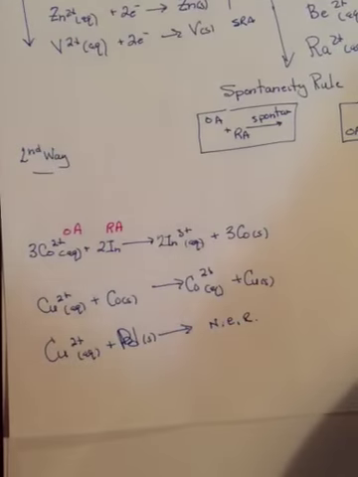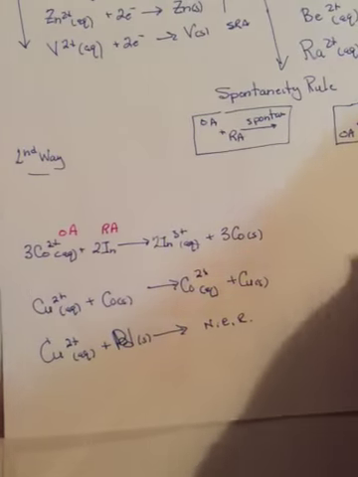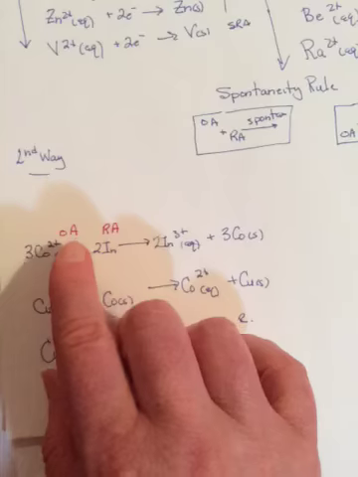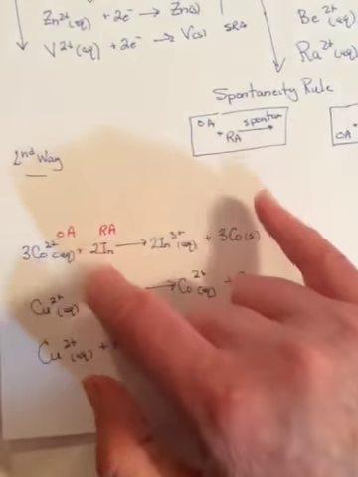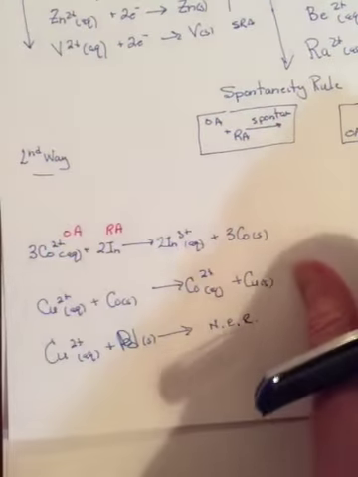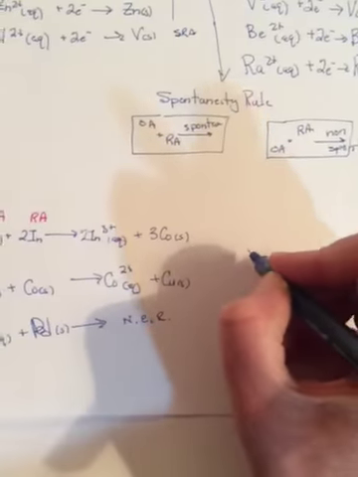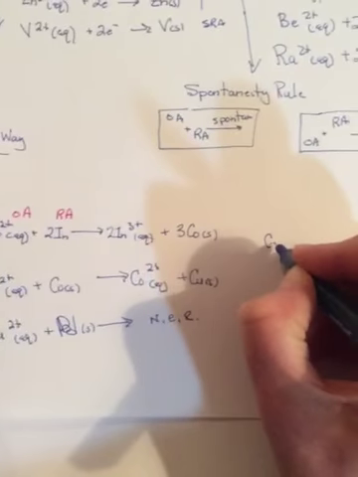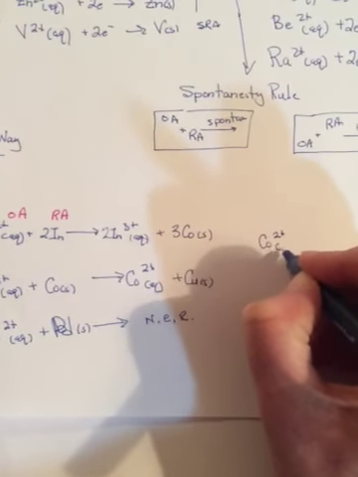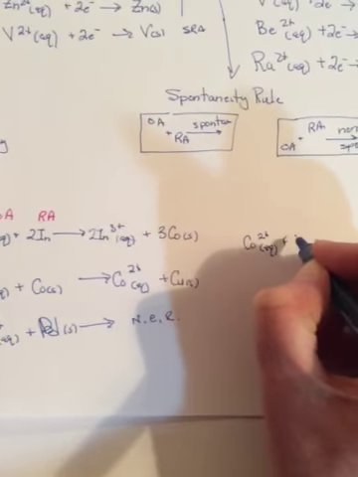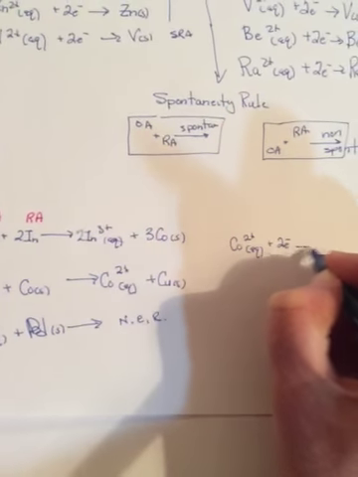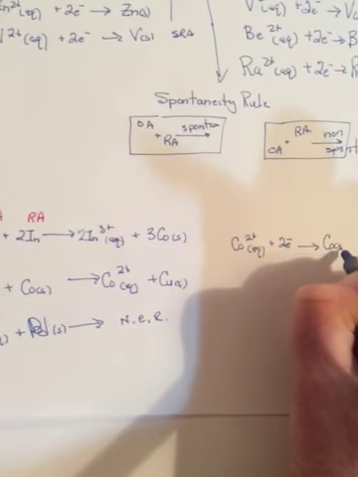Okay? So then you say, all right, this is spontaneous, which means the OA must go above the RA in the chart. So then we begin to build our chart, and so it will be Co2 positive aqueous plus 2 electrons going to Co solid.